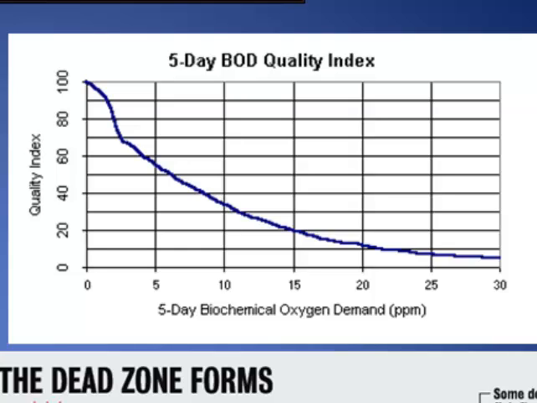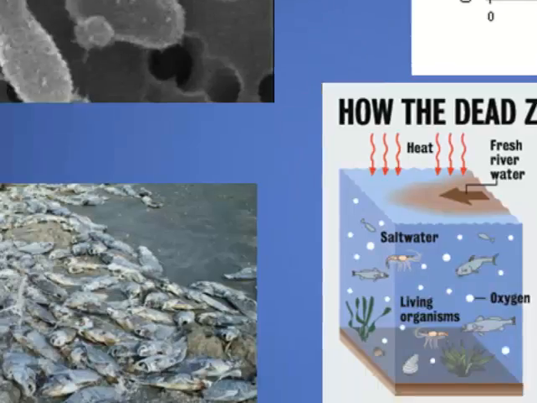In turn, since those microbes require oxygen to decompose the waste, oxygen levels decrease. Low oxygen levels result in a condition called hypoxia, and aquatic areas with no free dissolved oxygen are referred to as anoxic. Both conditions establish areas known as dead zones, aquatic areas that cannot support life.